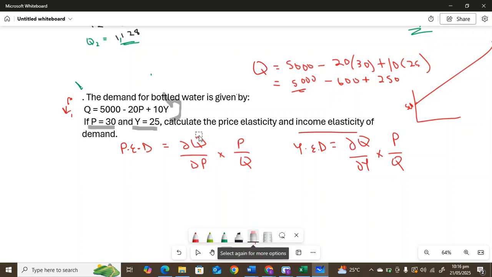All right. What value have we got? 5,000 minus 600 plus 250, or 650. Yes. Colleagues, are we all okay with this?